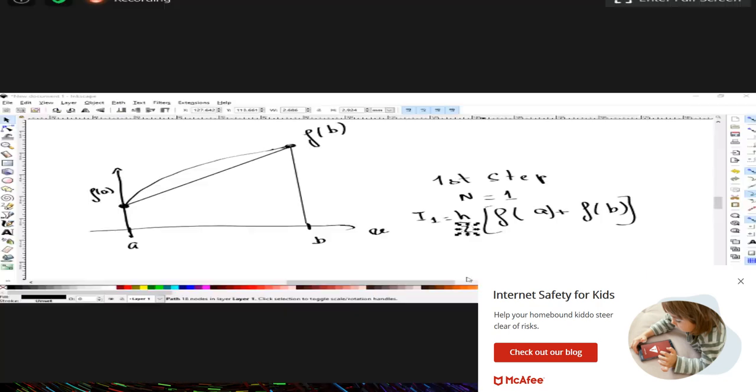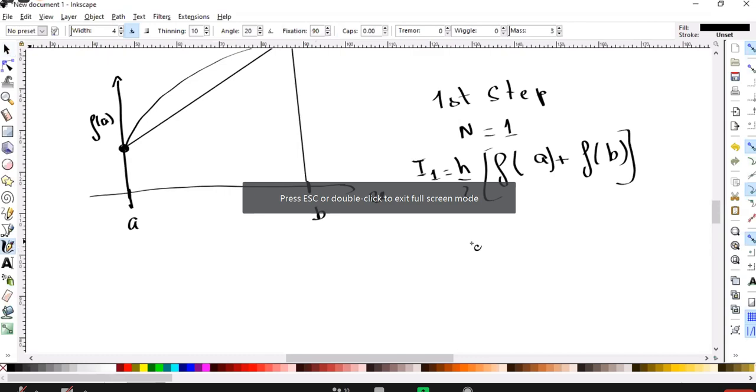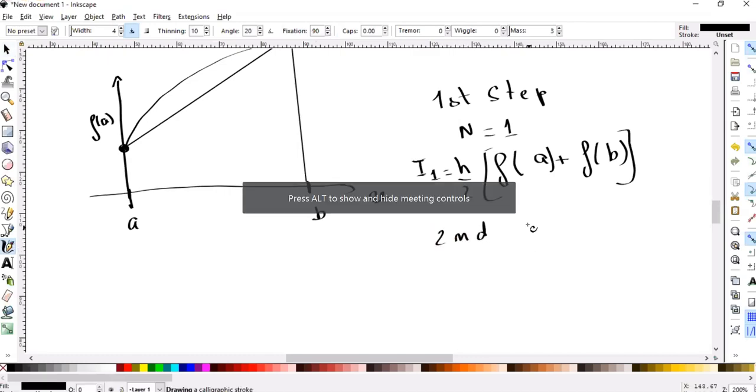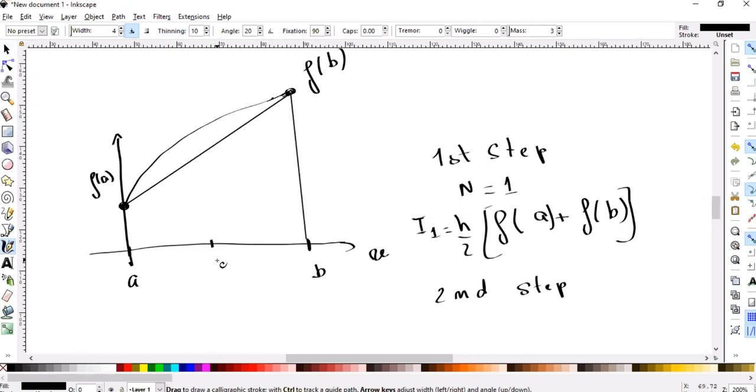Okay, so at the second step, I divide my interval in 2, so I get C equals A plus B over 2.